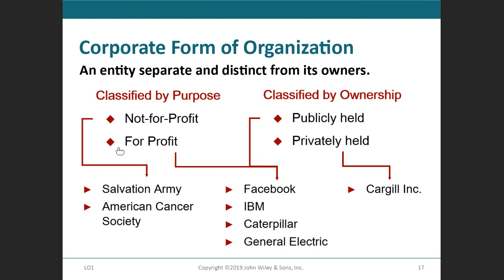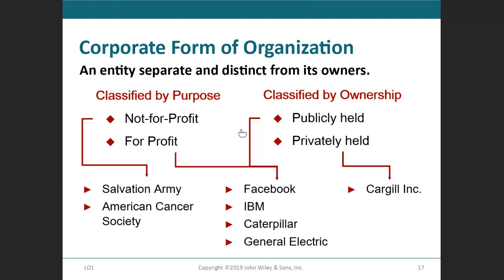On the other hand, if you look at Lulu, for example, it's a for-profit entity, right? Carrefour, right? It is a for-profit entity. So here we have some examples from the US: Salvation Army and Cancer Society, and for-profit, Facebook, IBM, Caterpillar, General Electric. So this is one categorization.